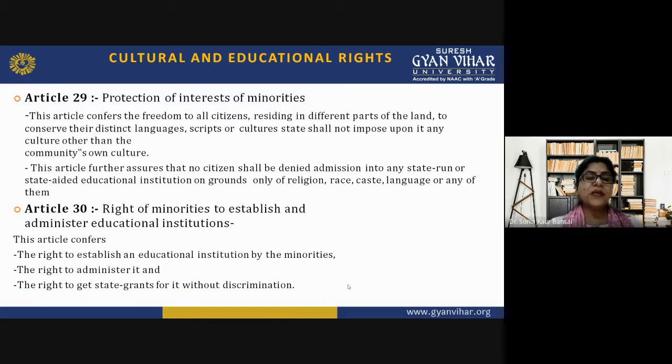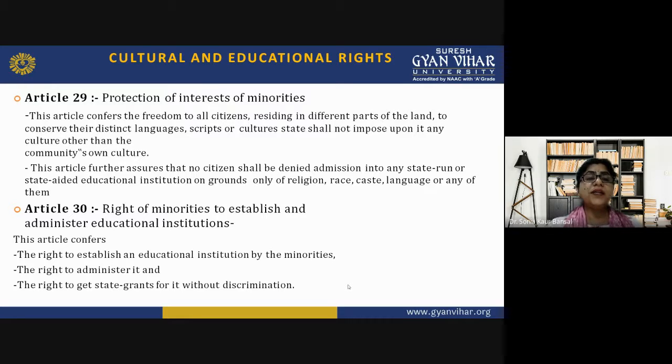This article further assures every citizen that no citizen shall be denied admission into any state-run or state-aided educational institution on grounds only of religion, race, caste, language, or any of them.